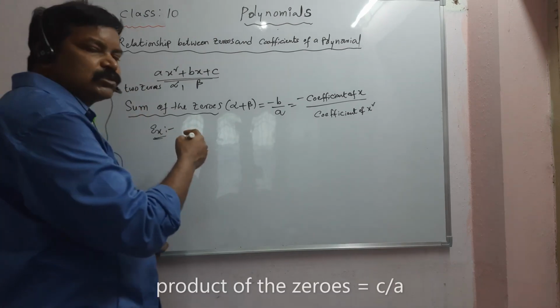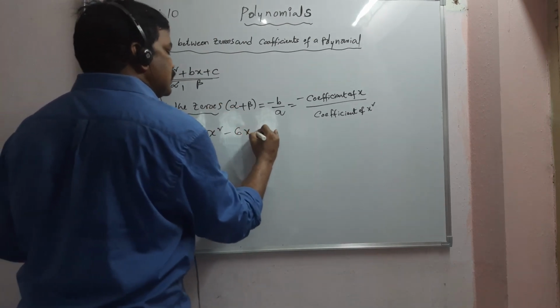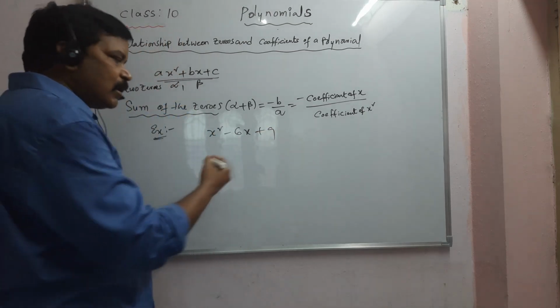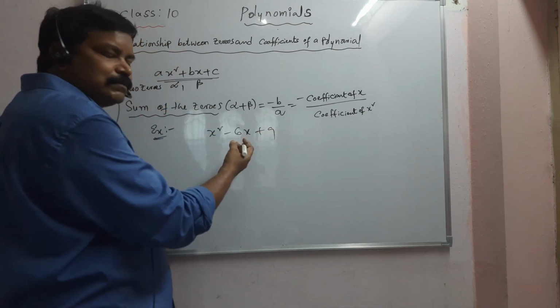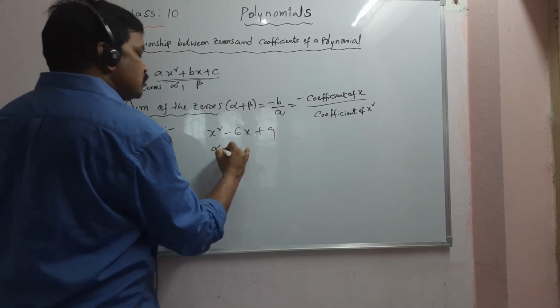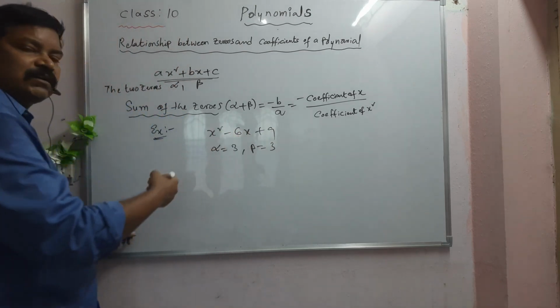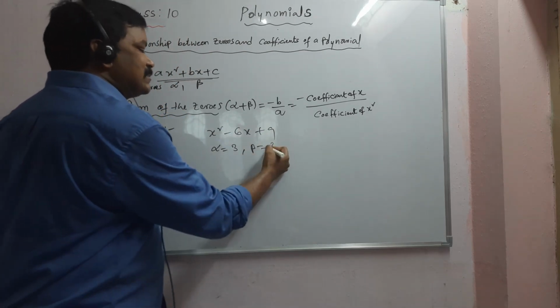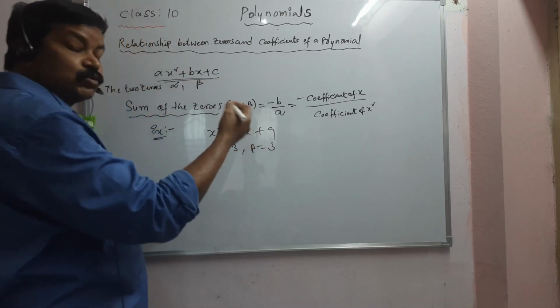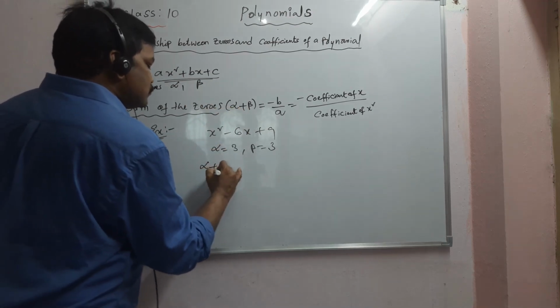Next, sum of the zeros of a quadratic polynomial. Take x square minus 6x plus 9. We already did this sum in the graph, no? Right. So the zeros alpha and beta are 3 and 3. Why? It has two equal zeros. What is their sum, children?